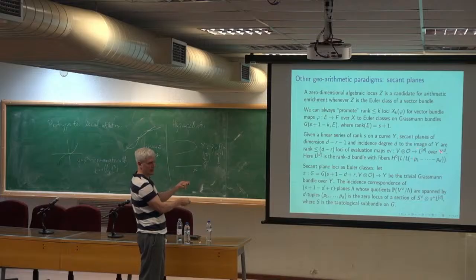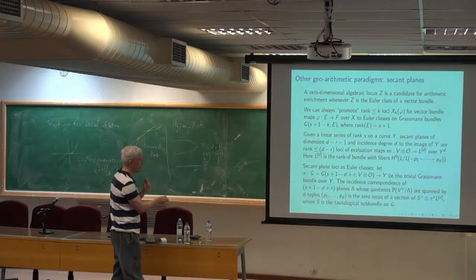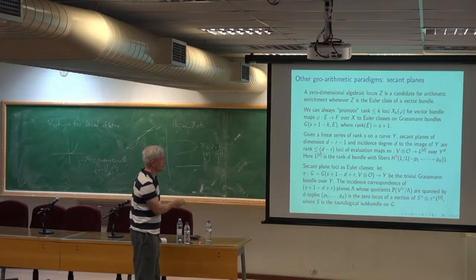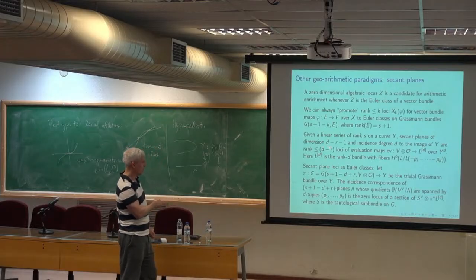I can do this in families, so there's a bundle version for this. L square brackets d is a rank d bundle whose fibers are essentially evaluation sections in d-tuples of points. And then I just impose that this evaluation map be of rank at most d minus r.